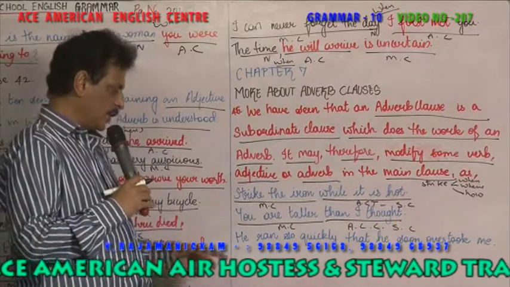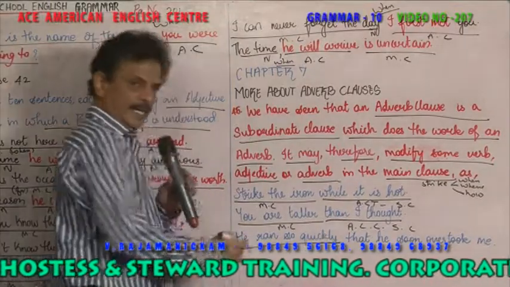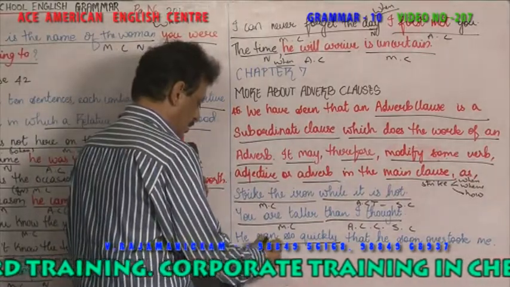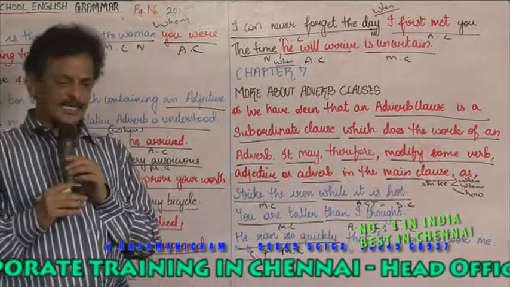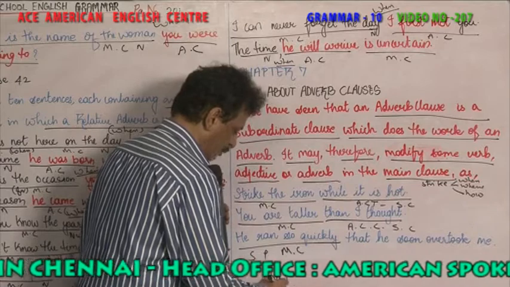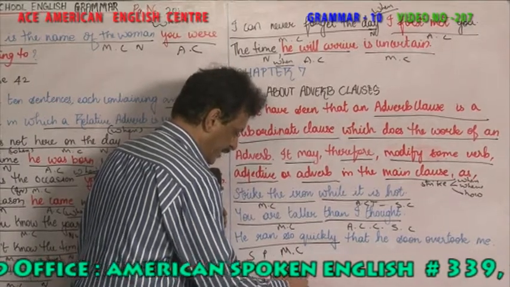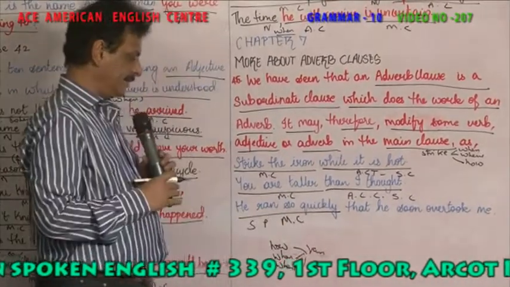Complex sentence. He ran so quickly. He is the subject and the predicate is there. "He ran so quickly" is the main clause; it gives a full sentence. You ask a question to the verb: how, when, where? Which verb? Ran. How did he run?